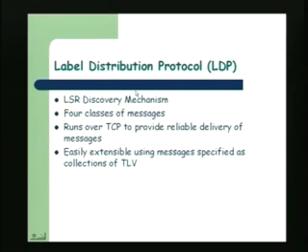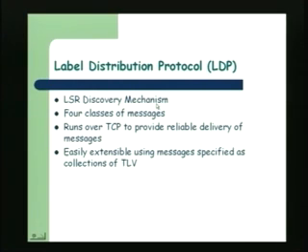Now, as we had discussed, label distribution can be done either by piggybacking the label bindings onto existing control protocols like OSPF or RSVP or some other routing protocols. An alternate approach of course would be to come up with a separate new protocol, which is called the label distribution protocol, which has been standardized in MPLS. In LDP, first there is an LSR discovery mechanism.